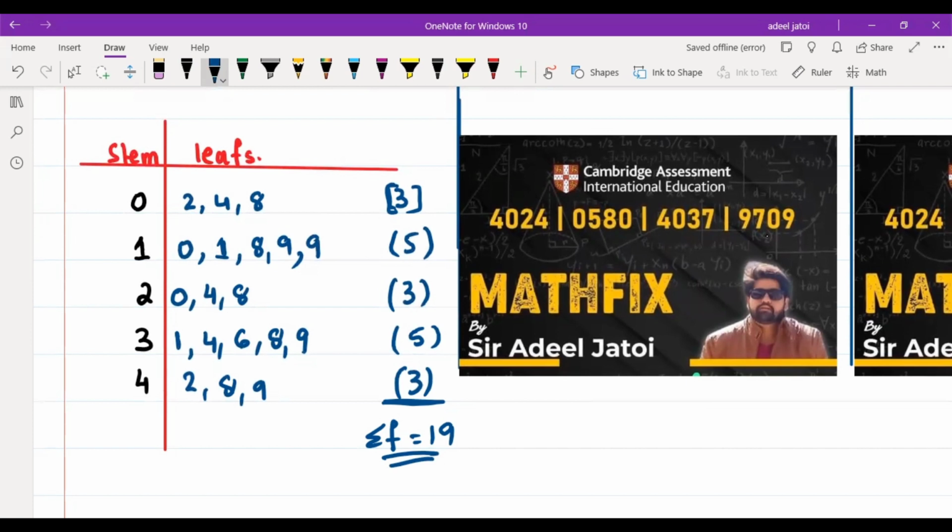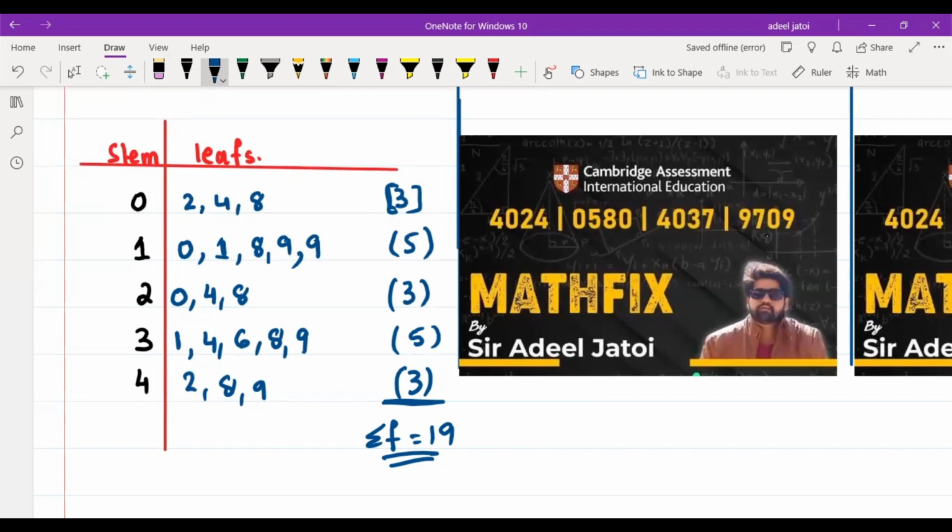We will be sorting this in ascending order, because with stem and leaf data you will be required to find the median, your lower quartile, and your upper quartile.